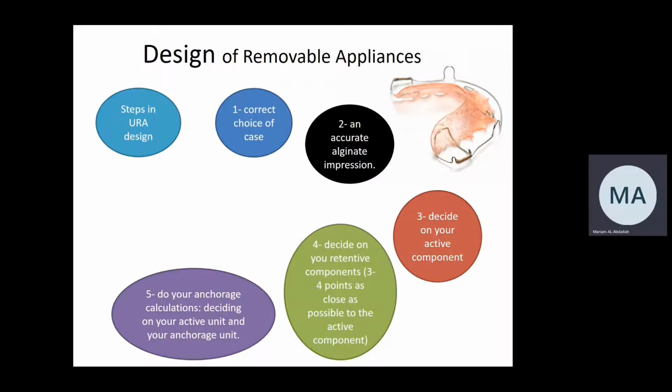Right. Now, after that, I need to think about the anchorage management in that case. I need to know how many teeth I'm trying to move, how many teeth are in my active unit, how many teeth are supposed to stay still, which means the teeth that are in my anchorage unit, and if I need to reinforce anchorage using, for example, headgear or dividing the treatment instead of one stage, two-stage removable appliance treatment, etc. And finally, we decide if my acrylic needs modification by adding anterior bite plane or posterior bite plane.